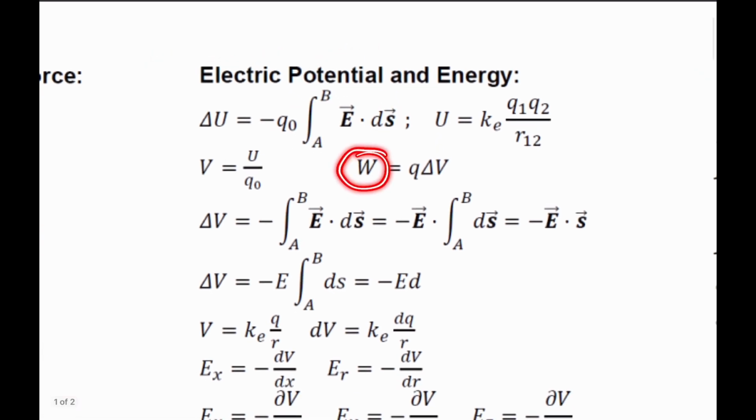Here they have work. So take a look at my electric potential energy video or electric potential, and you'll take a look at a deeper explanation of this. This thing has units of joules, this thing has units of newtons per coulomb, this thing normally has units of meters, and this thing has units of coulombs. You normally don't have to do this integral, but in the video where I explain electric potential, I tell you how to do this integral.